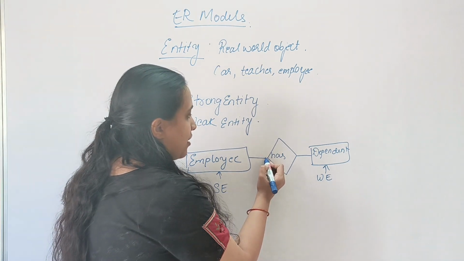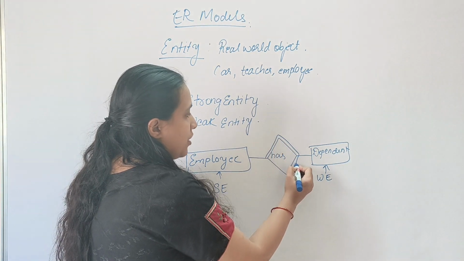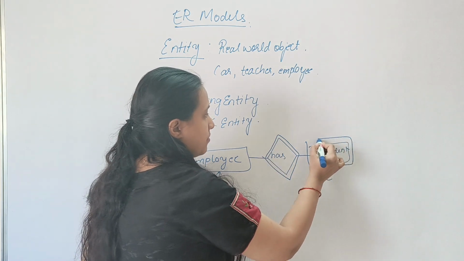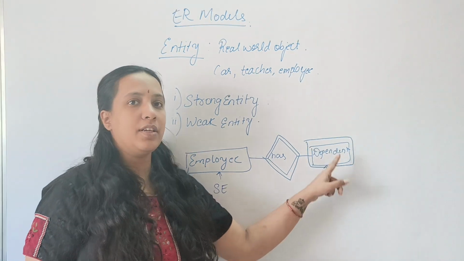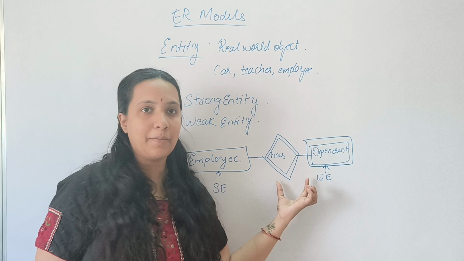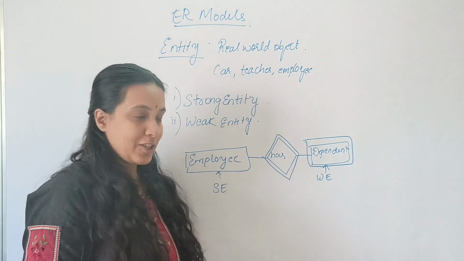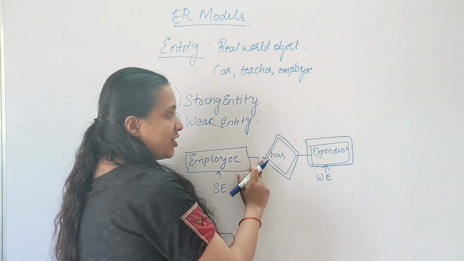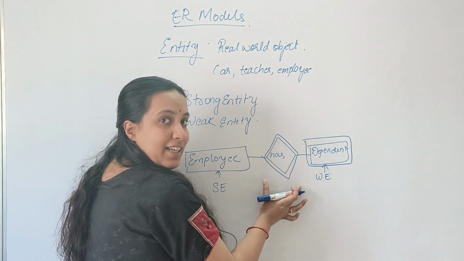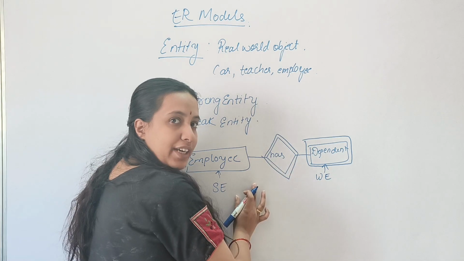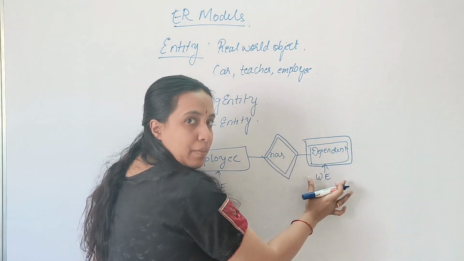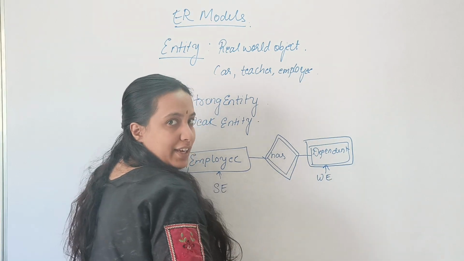Now how do you represent a weak entity? You represent it with a double border: a double rectangle and a double diamond. If my relationship has a double border, then it means that it is representing the relationship of a strong entity with a weak entity. And if my entity has a double border, it means this is my weak entity.